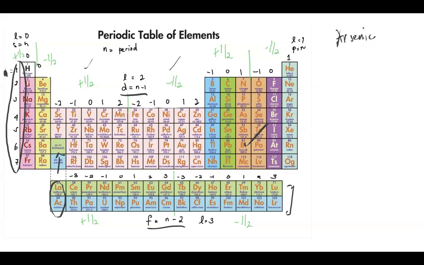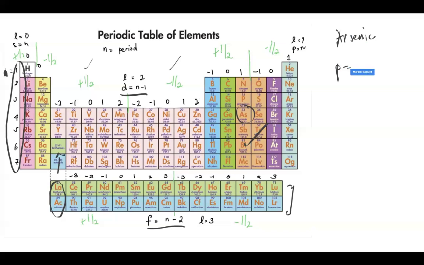All right, so let's have this example. Let's have arsenic. Locate where arsenic is on your periodic table. It's over here, 33. So just by looking at your periodic table, let's identify the quantum numbers. So first of all, identify which block it belongs to.